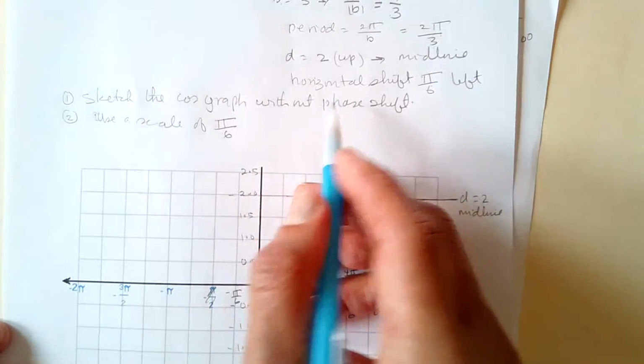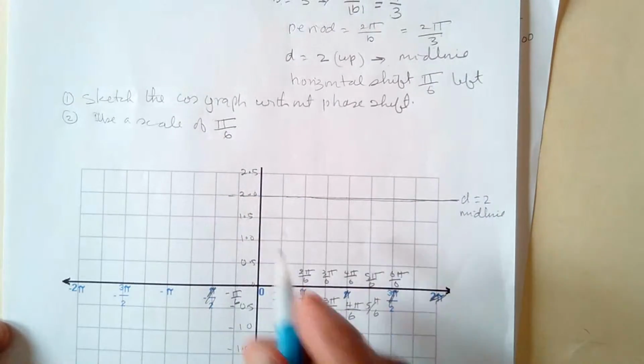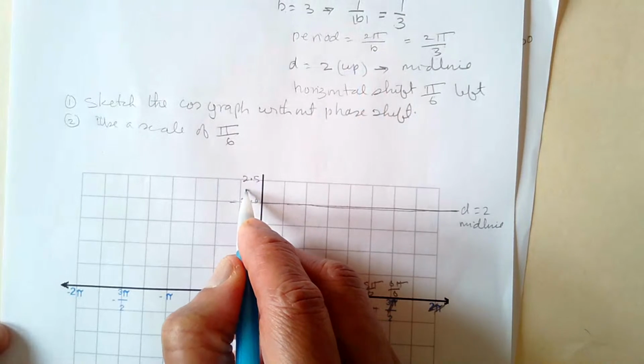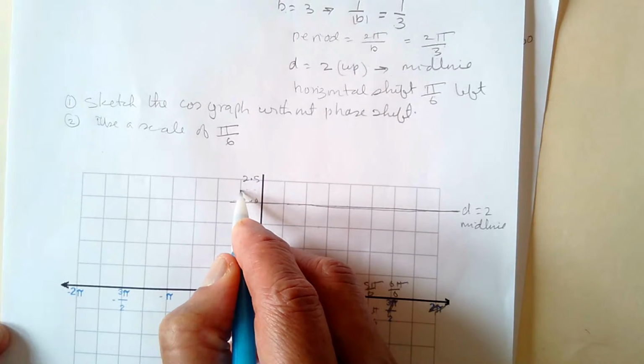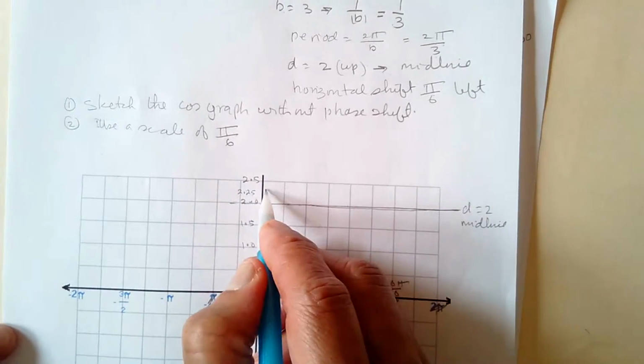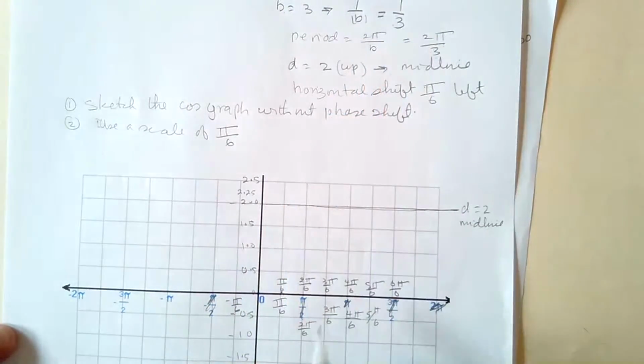So we'll sketch it, but look at our amplitude. Our amplitude is 0.25. So now this is our maximum. It'll be 2.25, our maximum, because our amplitude is a quarter.